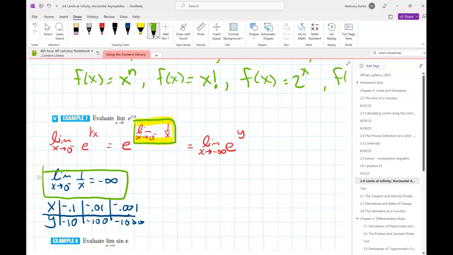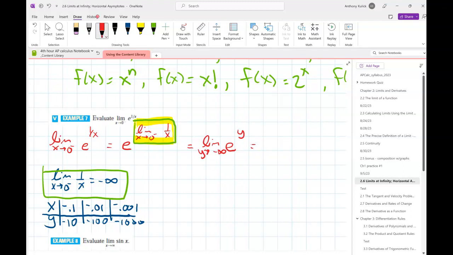Is that okay with everybody? So since the exponent equals negative infinity, oops, that should be a y there. I'm just making a dummy variable for the answer to the exponent: we'll make a new variable y, and the y will go to the answer to what's in the exponent.